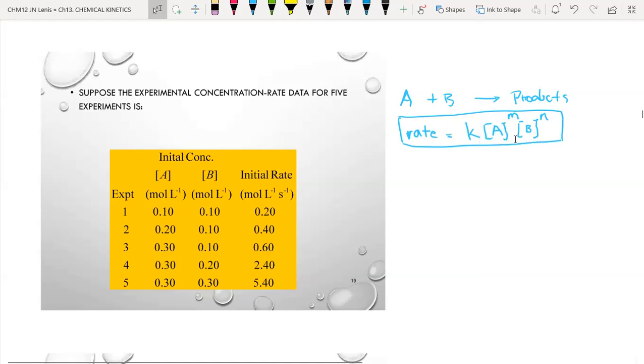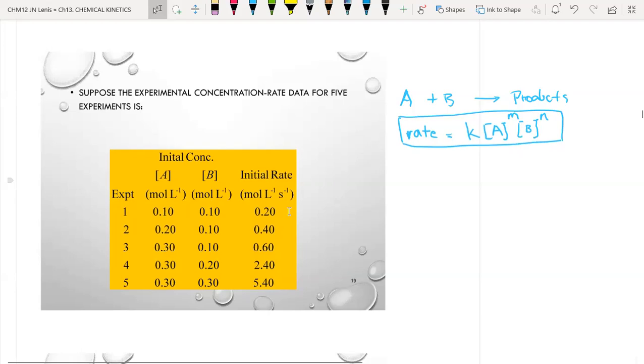And then we'll have another set of experiments where we keep this constant and start making changes on this concentration to see how those changes in the concentration of B produce a change on the rate of the reaction.